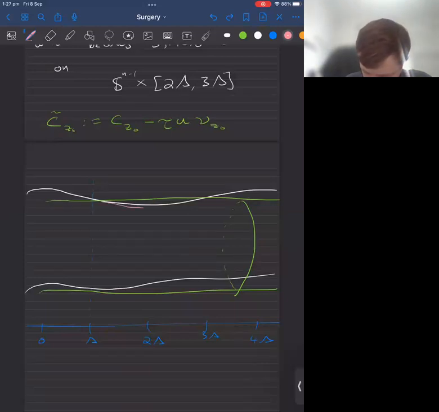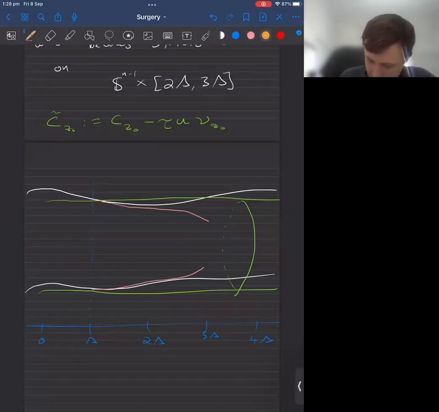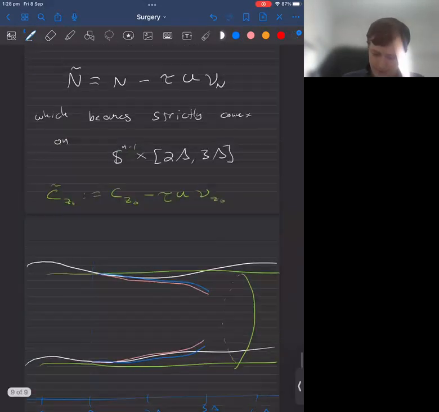So it does something like that. And then something similar here. I do the same thing with my cylinder. Maybe I'll do this in blue. So my cylinder comes down like this. And maybe on this side it comes down. Okay, so that's that process.